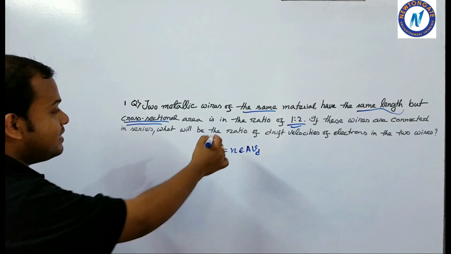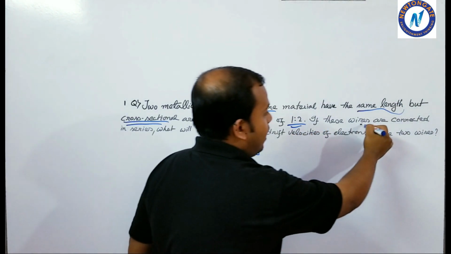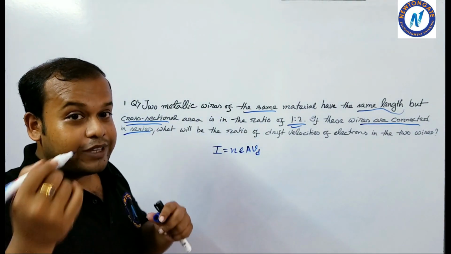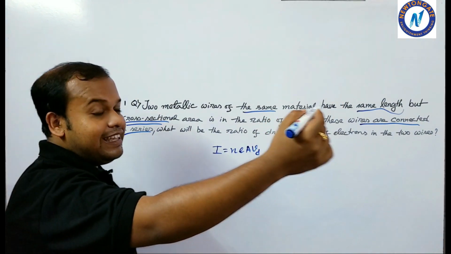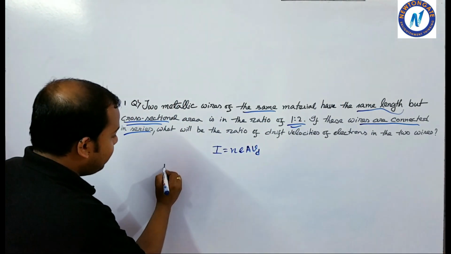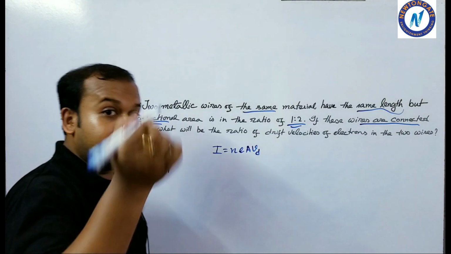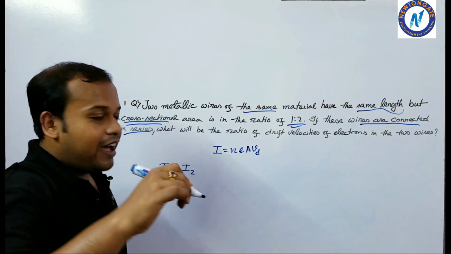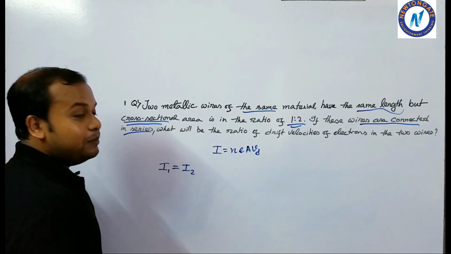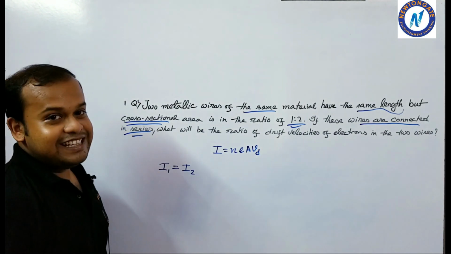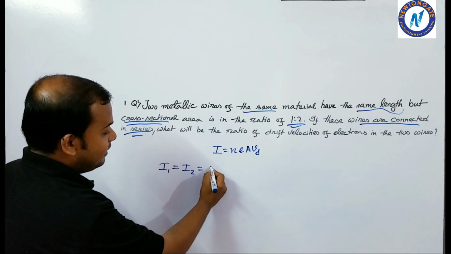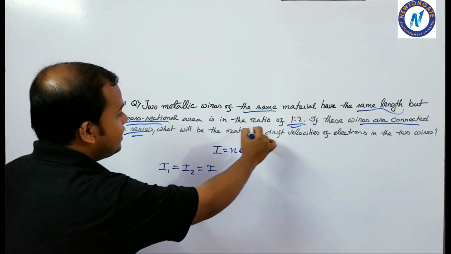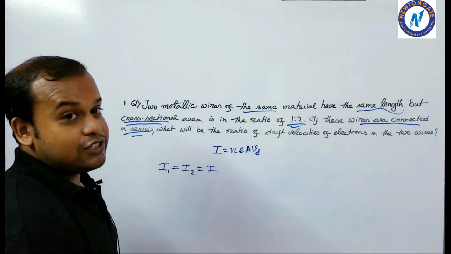Now, since the wires are connected in series, can I say that the current in each wire is the same? If I1 is the current in the first wire and I2 is the current in the second wire, these two will be equal because they are connected in series. Let us write this as I. Now the cross-sectional area is in the ratio of 1:2.